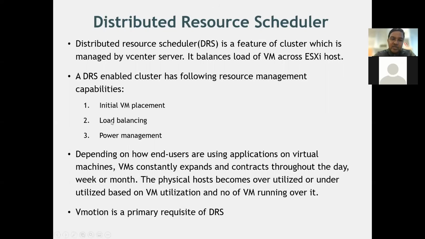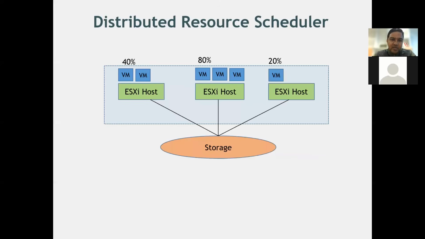And then it also does load balancing. Load balancing architecture, etc., we have seen. But to understand it, let's say we have multiple hosts: ESXi host 1, ESXi host 2, ESXi host 3.